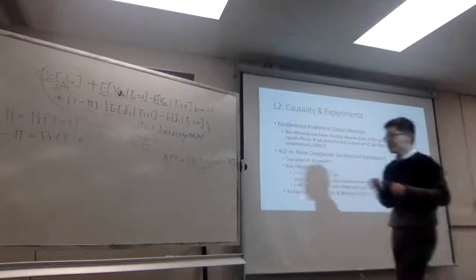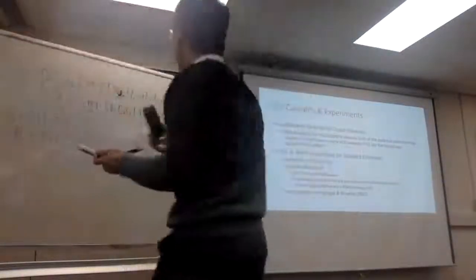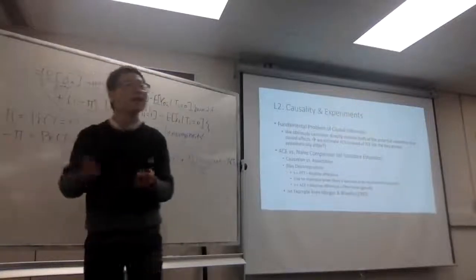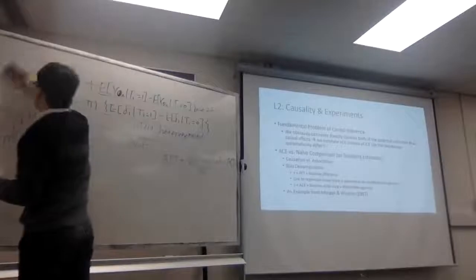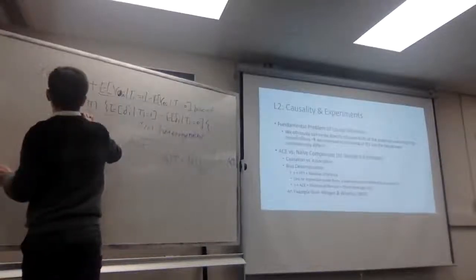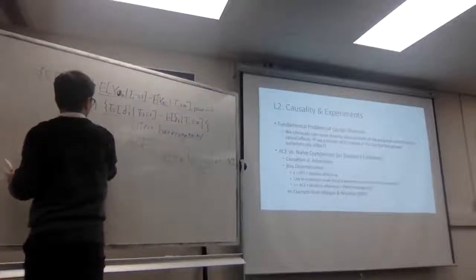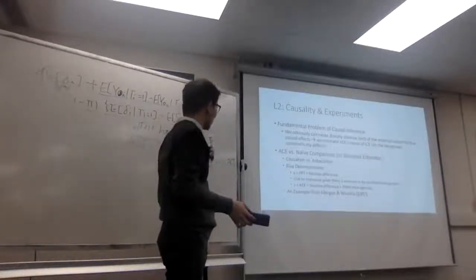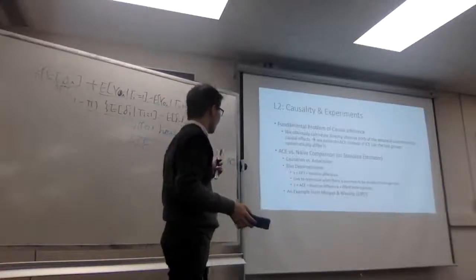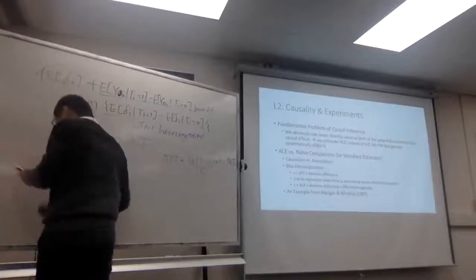I'm guessing the first term should be ATT. Is that different from what's on the slide? The slide says S equals ATT plus baseline difference, and then S equals ACE plus baseline difference.